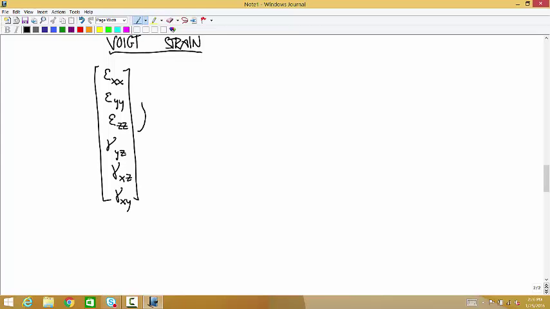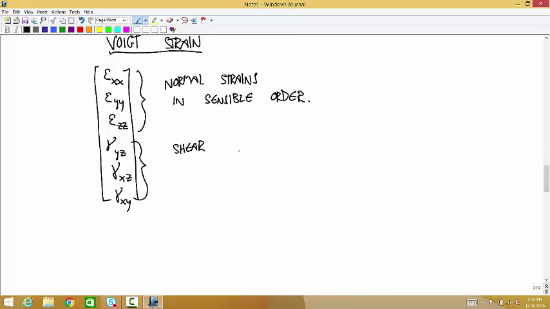So the first three are the normal strains in a sensible order. The last three are the shear strains in a backwards order.